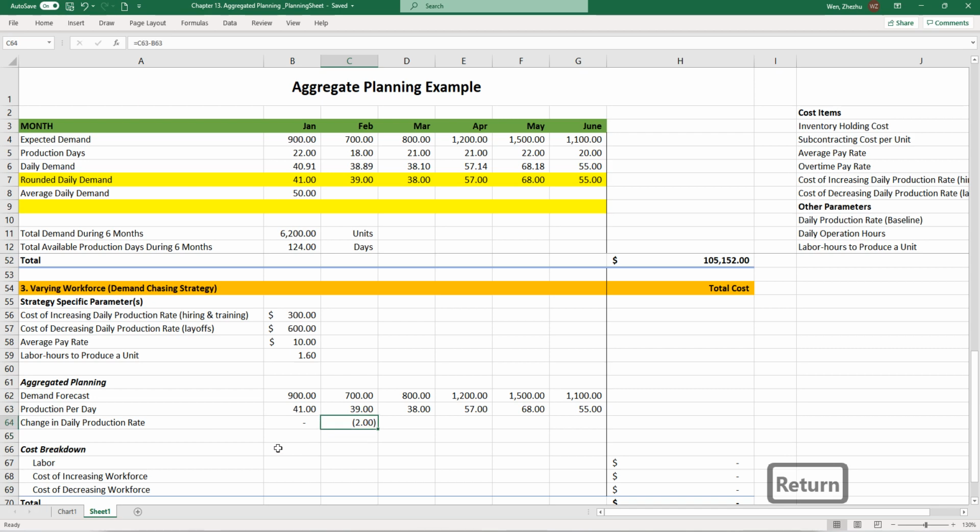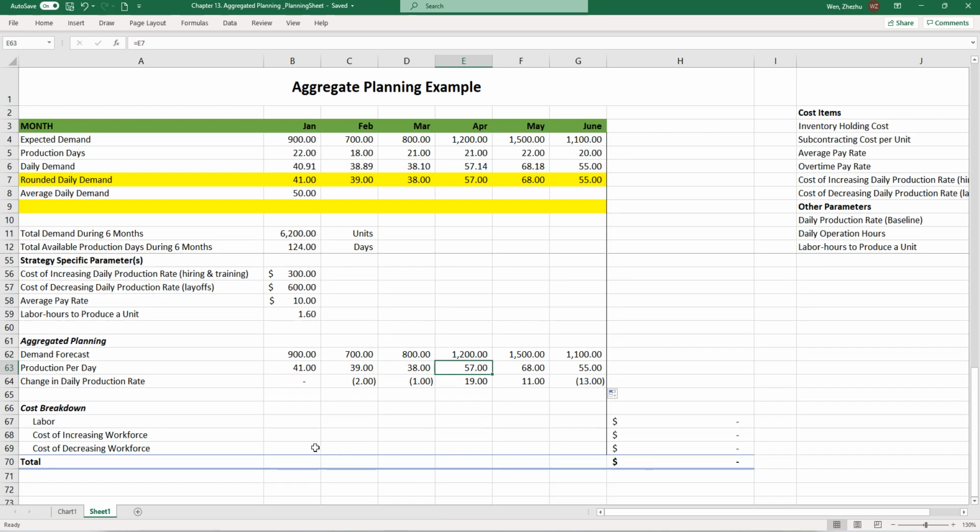Again, that means some people have been fired or laid off. Okay, I'm just going to drag it to fill. So another person was fired, but 19 people were hired to keep up with the demand during this period, which gave you a daily production target of 57.